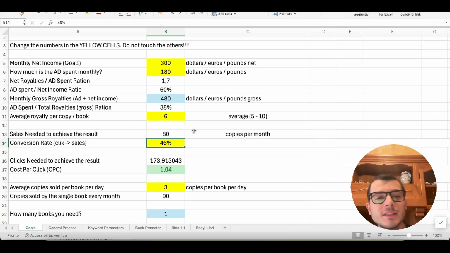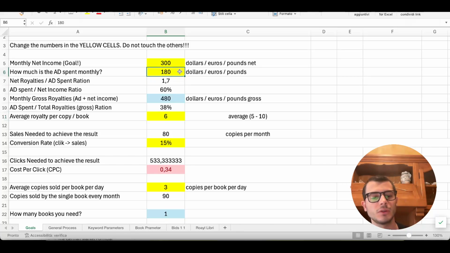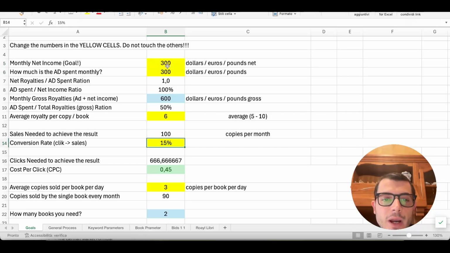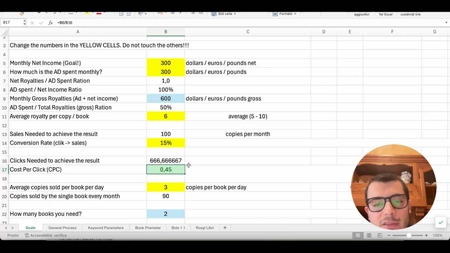When the book is new, I will consider a conversion rate of 15%. Now you see that with $6 per copy, it's still a bit low, so I need to understand that I have to increase this. I know that spending $300 gives me, with this conversion rate, the possibility to generate $300 in a month. So this is almost good, and I know that I can pay 0.45.